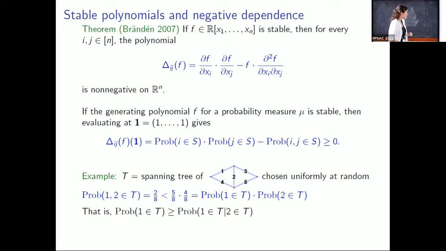And you can check that they show up both in 2 out of the 8, versus the product of the probabilities that they each individually show up. And this inequality says that if I want both to show up, then the probability will be less than if these are independent events. And so this is called negative dependence.